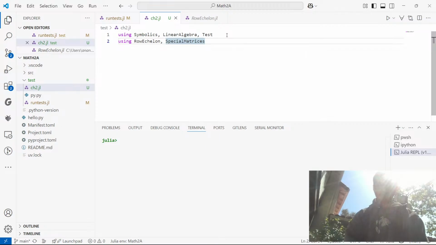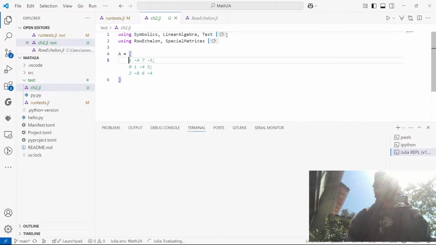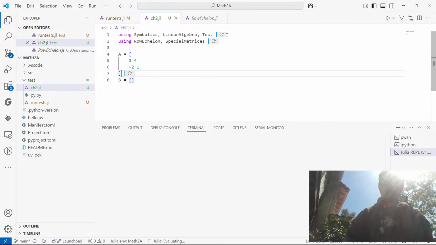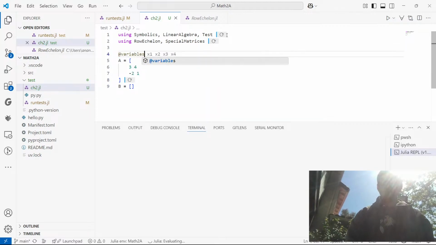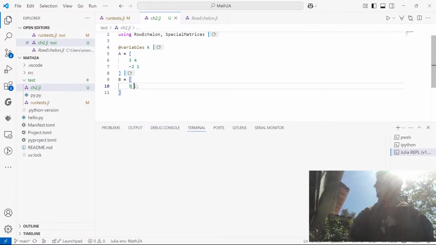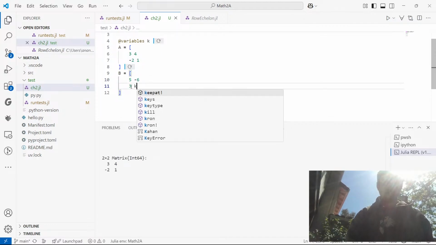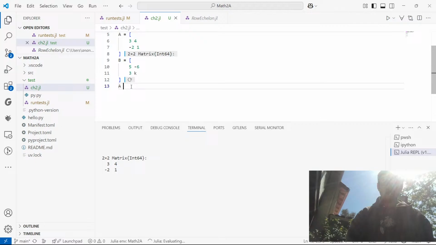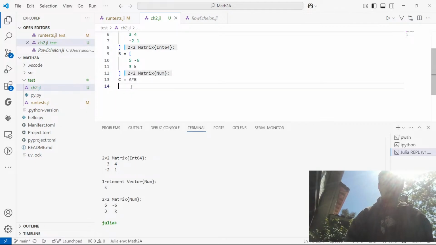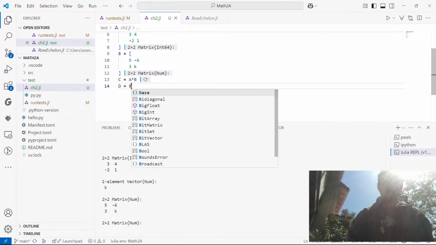Okay, so while I'm waiting, A is 3, 4, minus 2, 1. B is 5, minus 6, 3, and K, with K as a variable. So now we're going to compute C equals A times B, and D is equal to B times A.